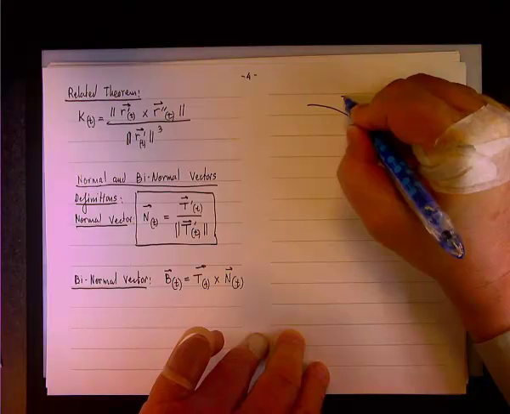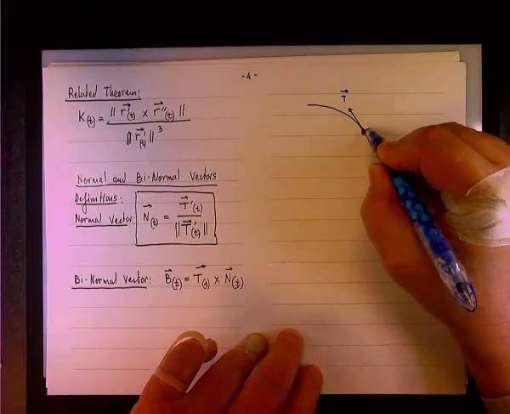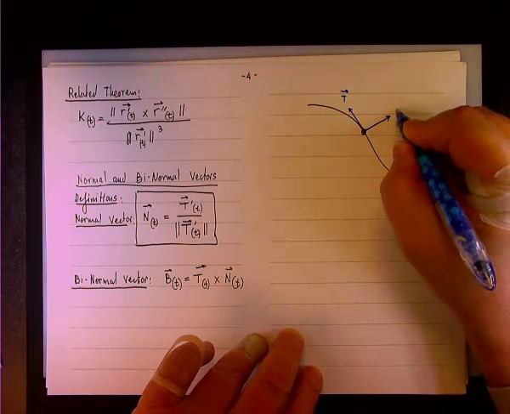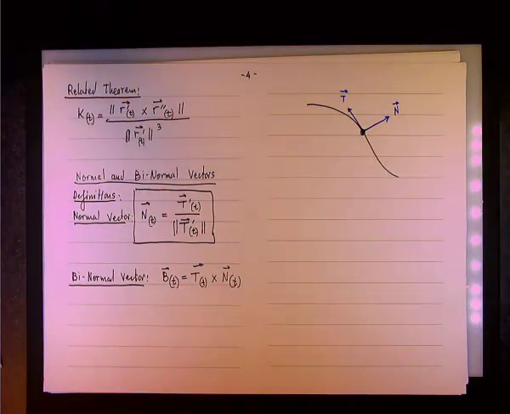So this is T, and again, this is a unit vector. The normal will be a unit vector, so it will have the same length, such that it's perpendicular to the tangent, because the normal is always perpendicular to the tangent.